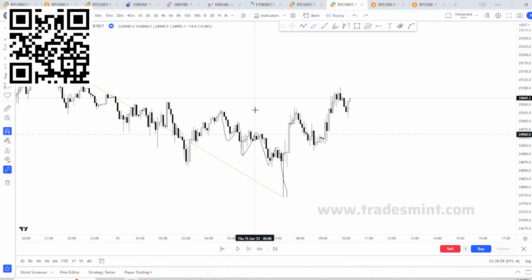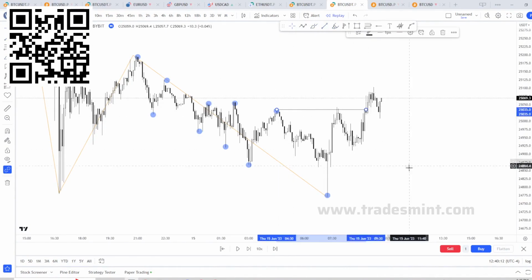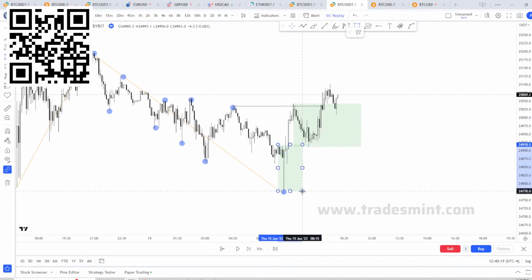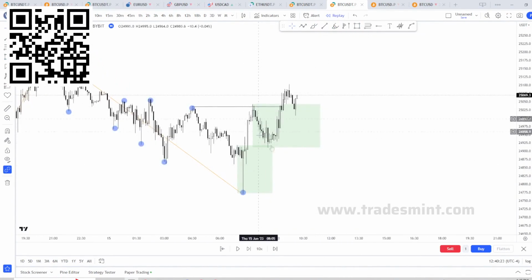Now, if you wanted the safer bet, then quite clearly this would have been the safer bet: using this high, this low, this high, low, high, low, high, low, high, low, and then waiting for that previous lower high to break. From there, you could have said to yourself, okay, this is my newly formed demand range. This demand range already mitigated this very local internal demand range. So this demand range here, in theory, should be the entry point.